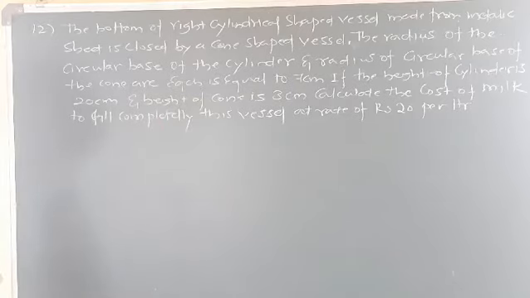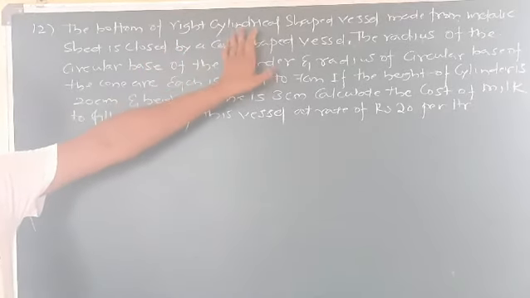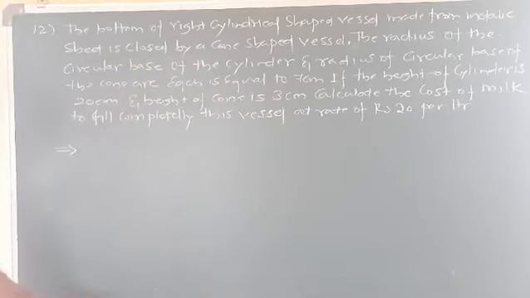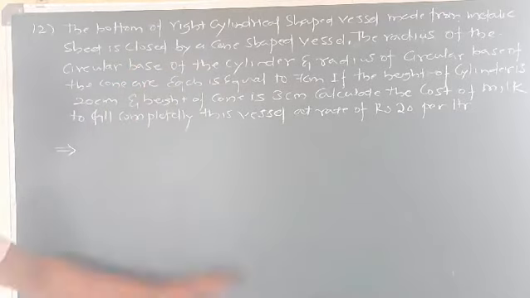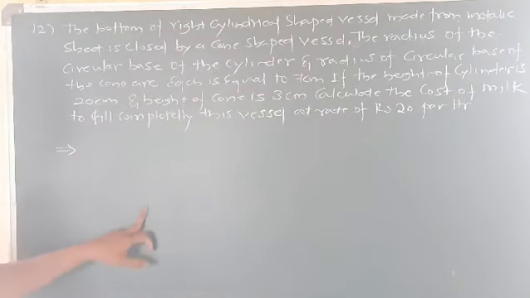Calculate the cost of milk to fill completely this vessel at the rate of ₹20 per liter. Now see what they are given. Bottom of a right cylindrical shaped vessel made from metallic sheet is closed by a cone-shaped vessel, the radius of both are the same. And the height of the cylinder is 20 centimeter and height of the cone is 3 centimeter. Calculate the cost of milk.